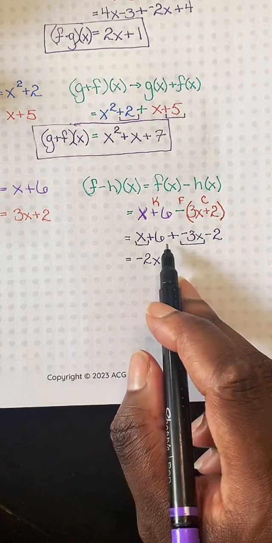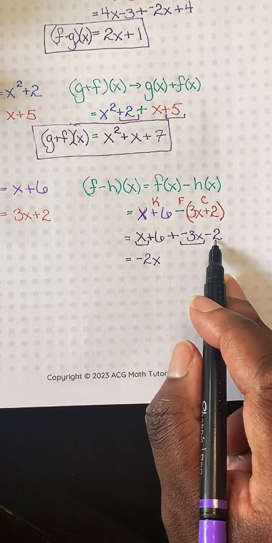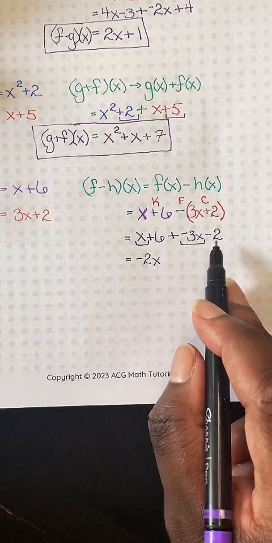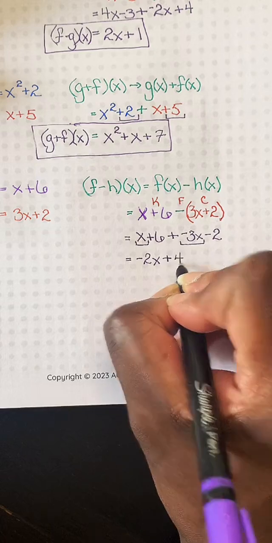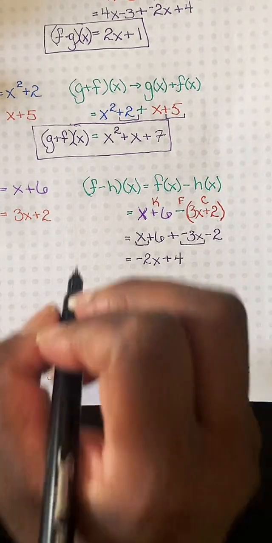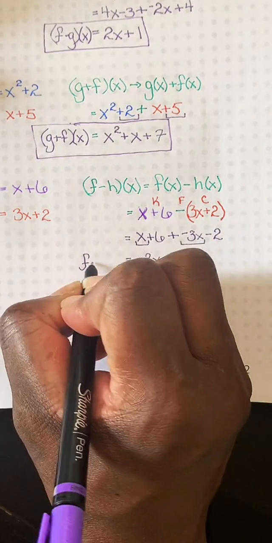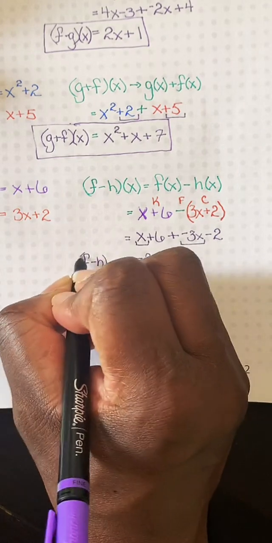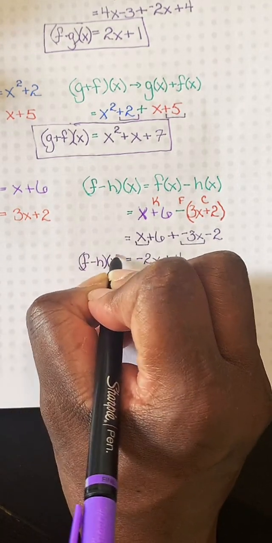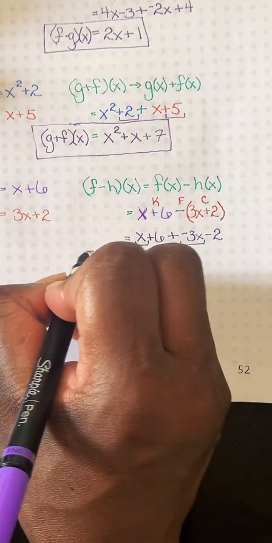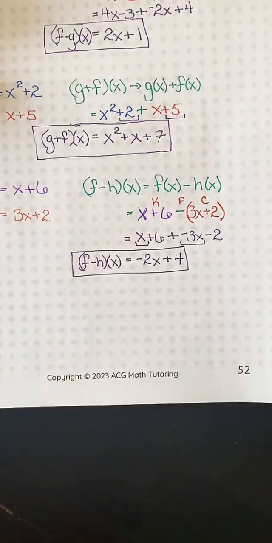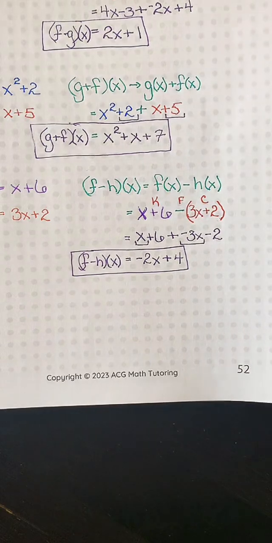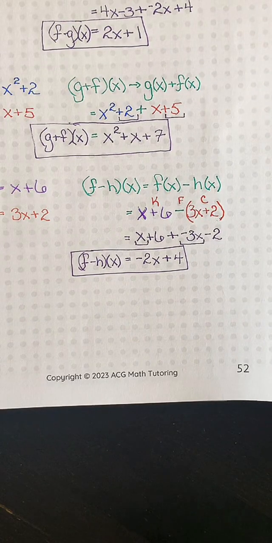All right, now we got 6 minus 2. 6 minus 2 gives me a positive 4. So that means the f minus h of x is going to equal negative 2x plus 4. And that's what Michael and Austin mentioned.